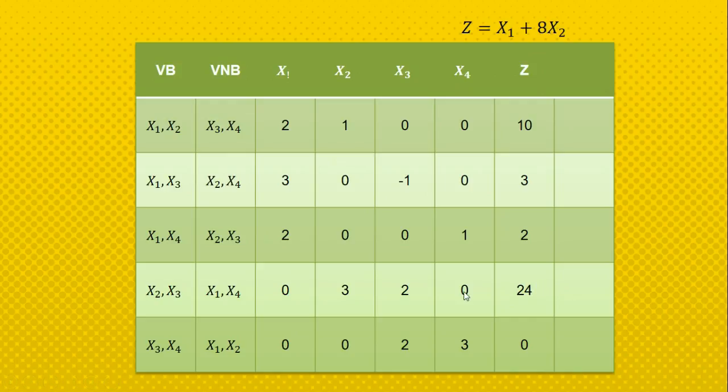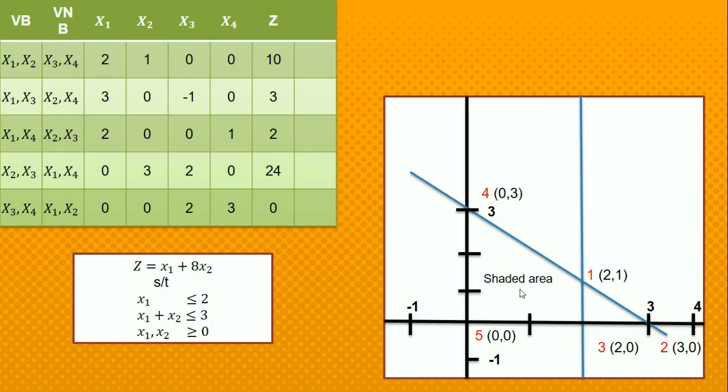How about we see it in the graphic? The graphic will be like this. This is x1 less than or equal to 2, the graph just goes straight. Then x1 plus x2 less than or equal to 3 becomes like this. The shaded area is here because of the less-than-or-equal symbol.